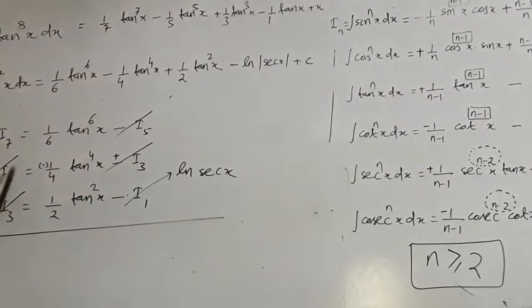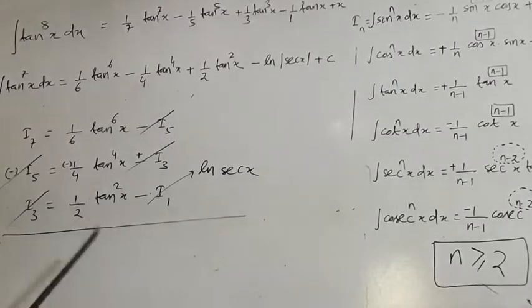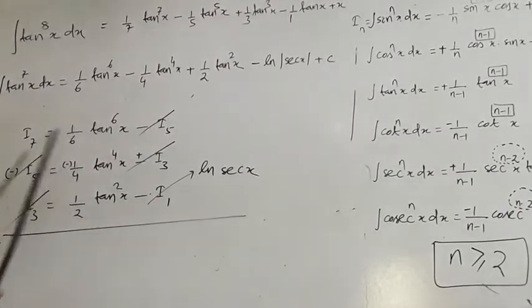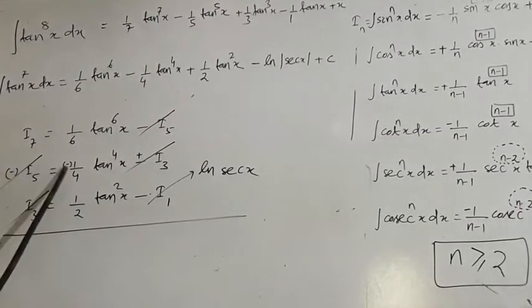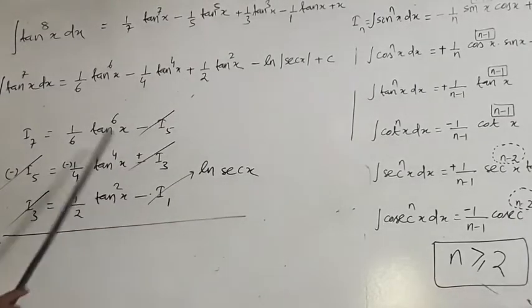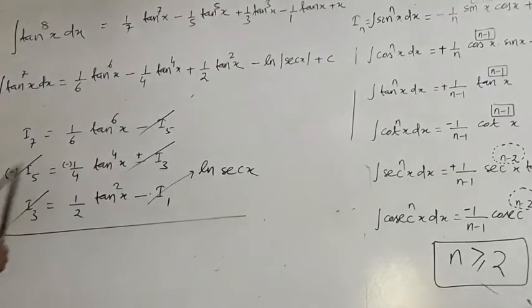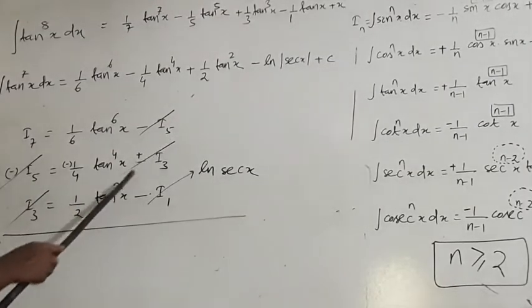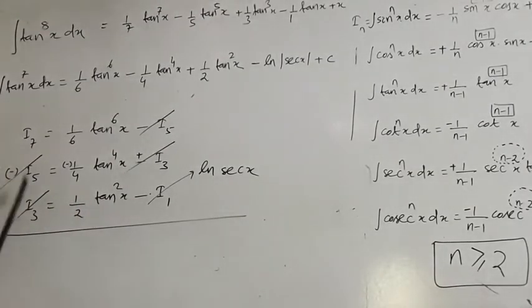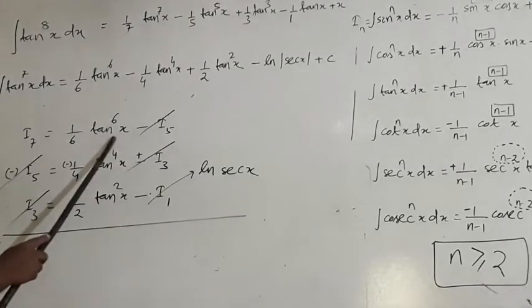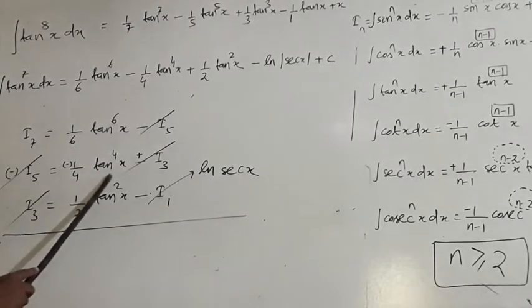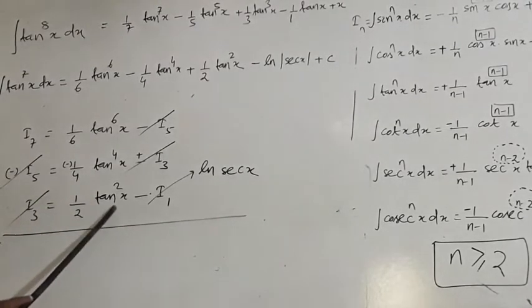Multiplying the signs, minus I3 becomes plus, and then minus I5 and I5 cancel. It becomes I7 is 1 by 6 tan 6 minus 1 by 4 tan 4 plus 1 by 2 tan square, minus ln sec x. This is the answer.